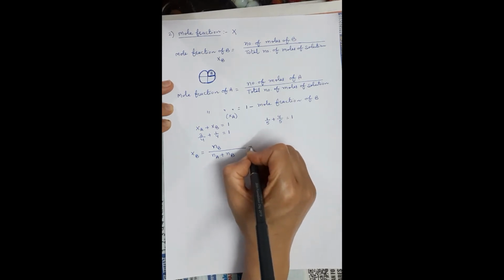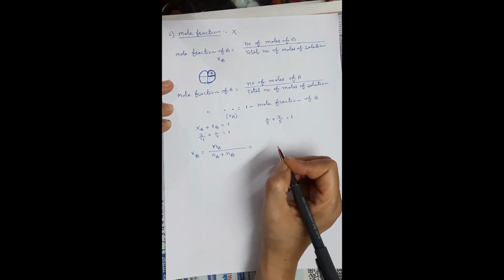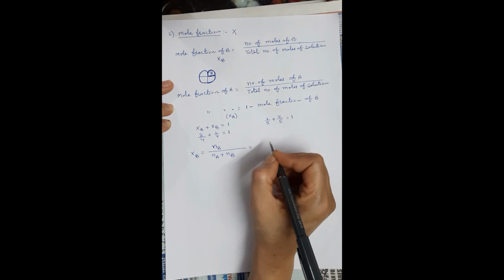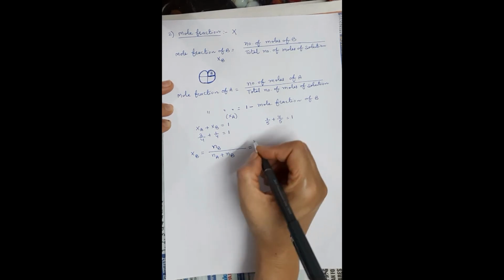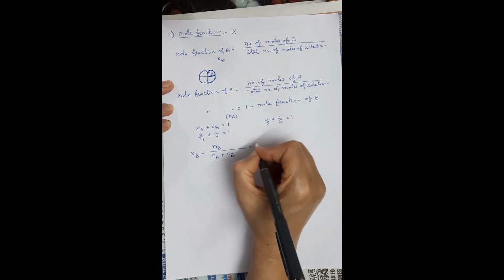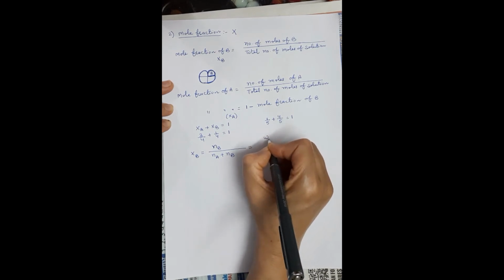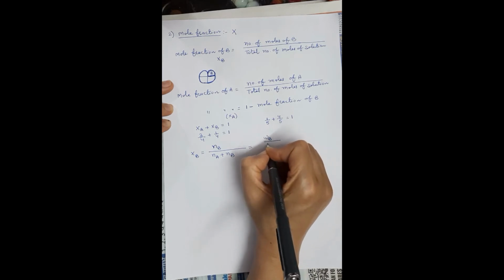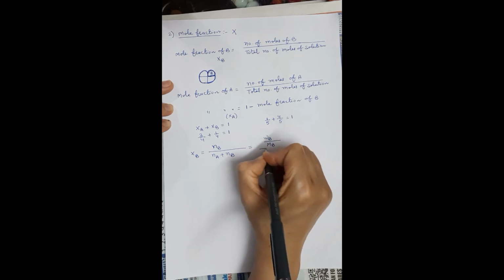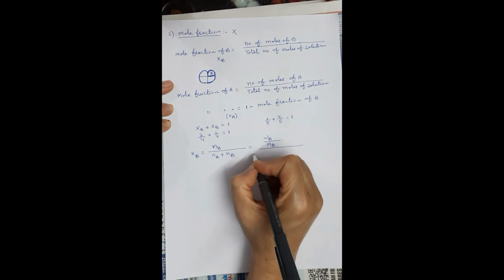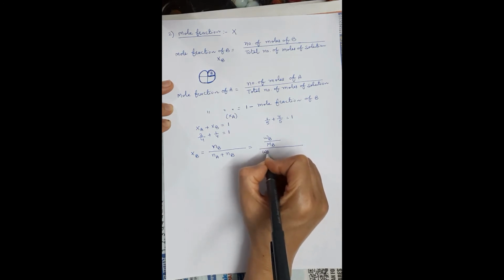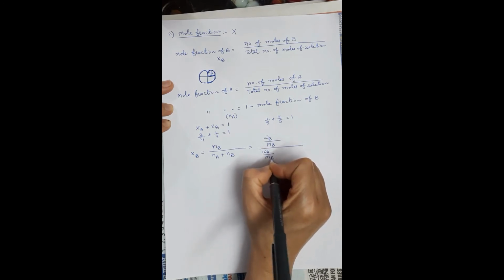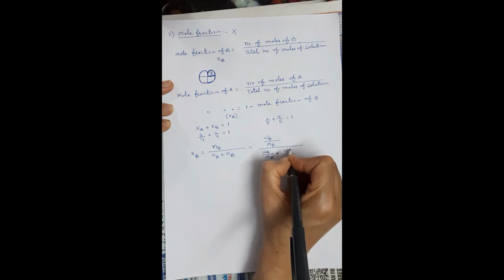And suppose the number of moles is not given in the numerical, and only the masses of A and B are given, then NB can be written as the given mass of solute divided by the molar mass of solute, and NA can be written as WA upon MA plus WB upon MB.